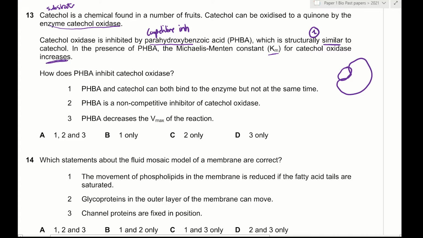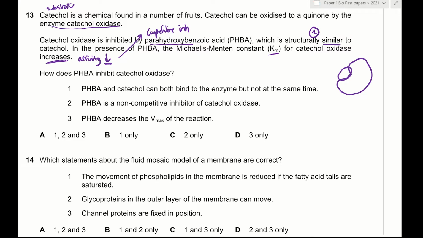If the Michaelis-Menten constant increases, this means that the affinity of the enzyme to the substrate has decreased. This is only possible in case of a competitive inhibitor, because in a non-competitive inhibitor, the Km value is never ever altered. Let's complete the rest of the question.